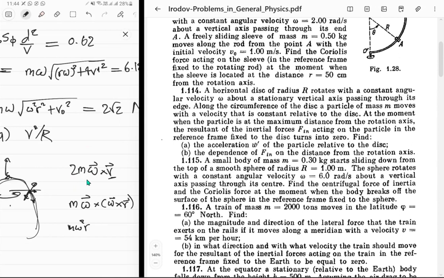That's how we will use it in actual problems, not in problems like these. In these problems, you have to use the definition. So this is still omega squared r in this direction. You also have the Euler force, but the angular acceleration of this rotating frame is 0, so you don't have to worry about that.